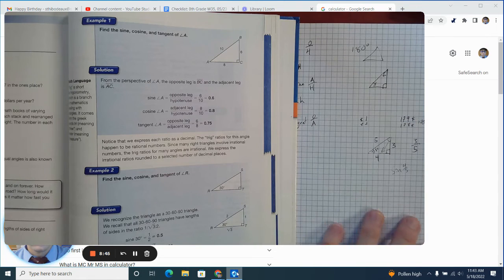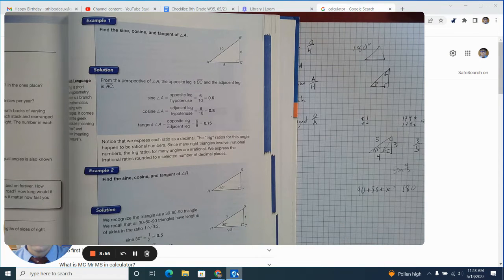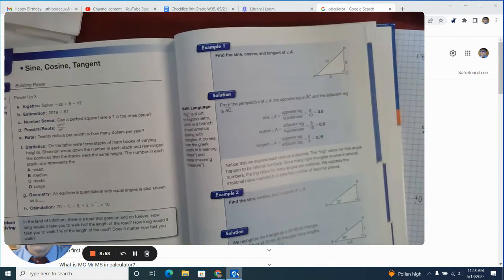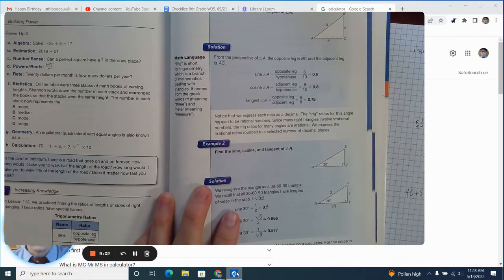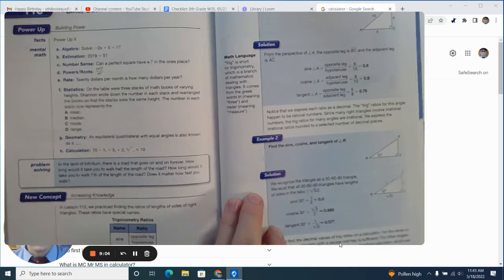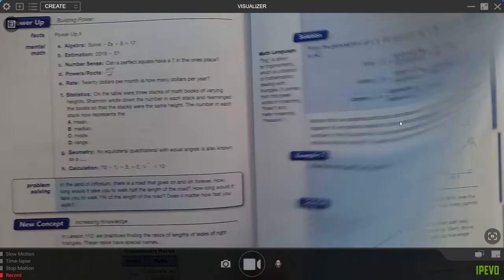Or I can remember 180 degrees: 90 plus 53 plus x equals 180, and I can solve. That is basically what trigonometry is and what you're trying to do.